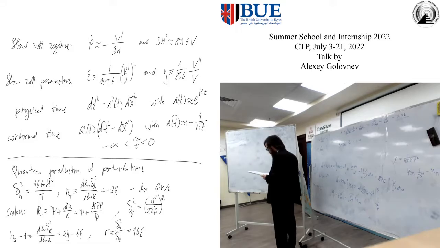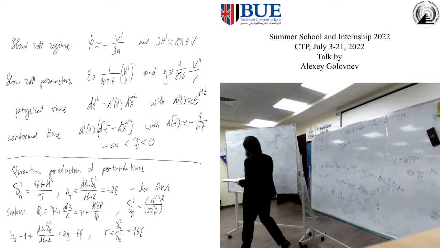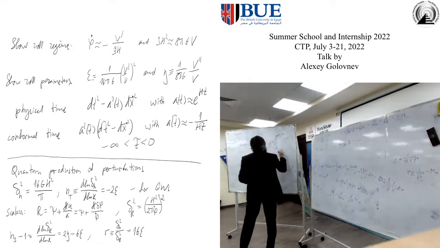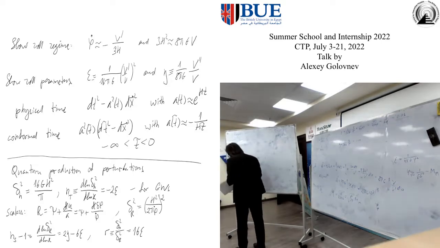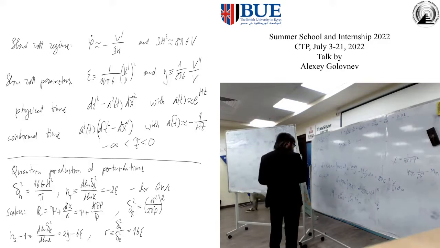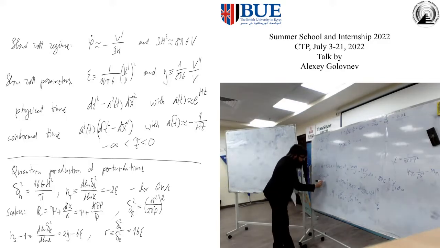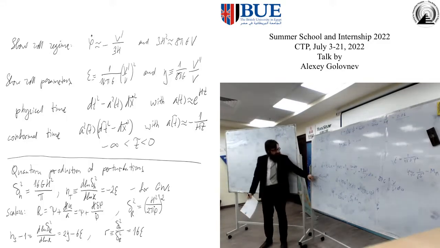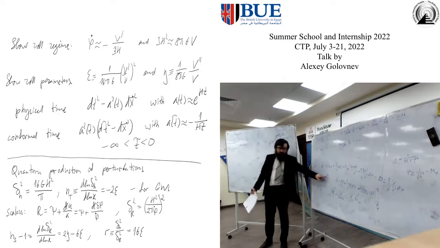But I would not care about anything. I just go and I look at the de Sitter space-time, and you know this thing here. It assumes that I use the physical time.